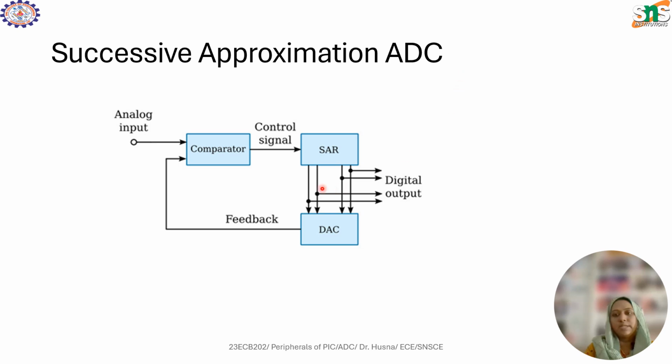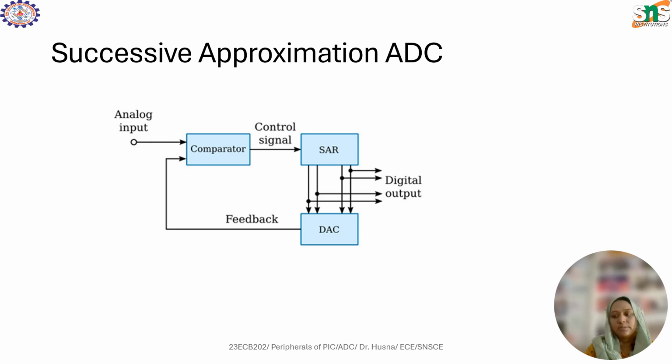Each bit that remains on in the SAR represents a logical 1, and each bit turned off is a logical 0. At the conclusion, the digital representation of the analog voltage is stored in the SAR.